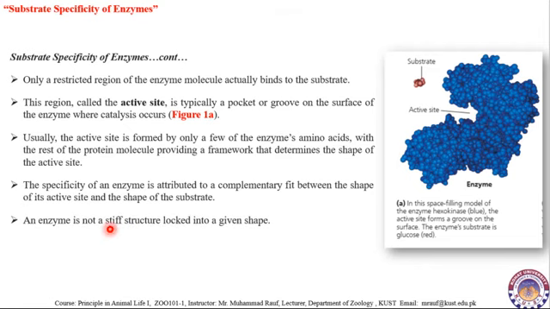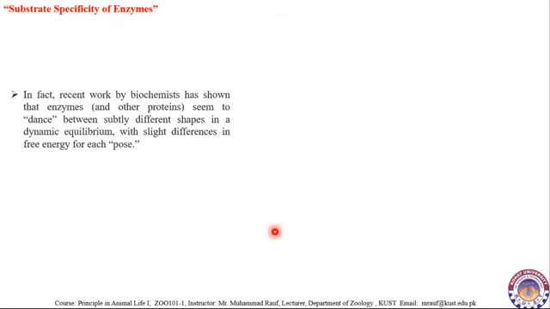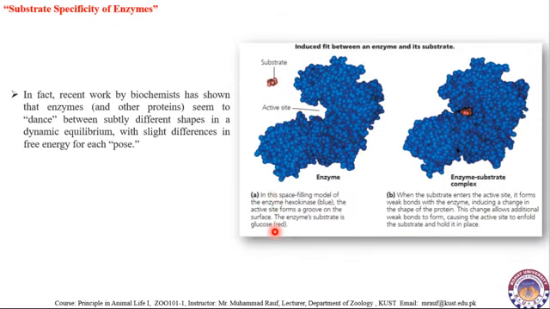An enzyme is not a stiff structure locked into a given shape. Some enzymes have a flexible structure, not a rigid one. So here we are introducing another concept, which is the induced fit model.